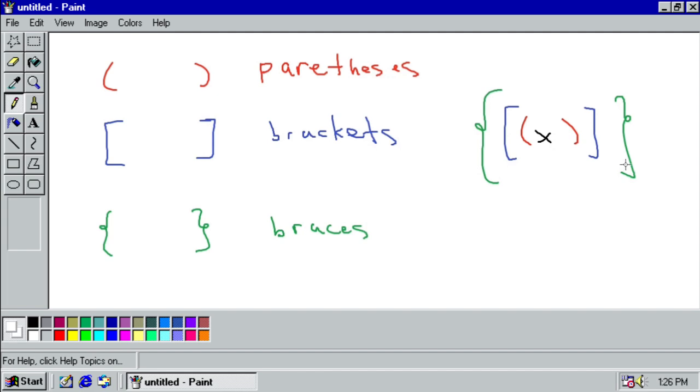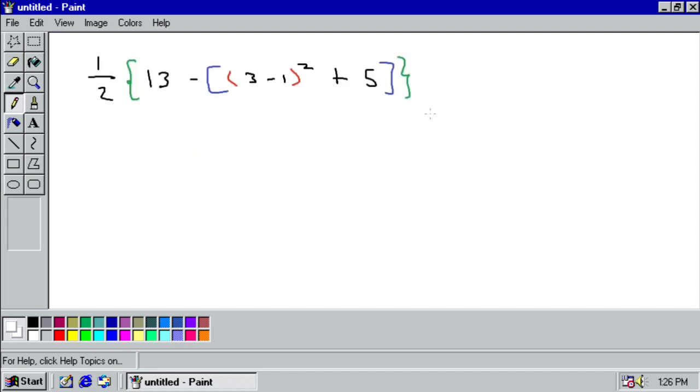let's try some problems. Okay, so we have this kind of equation. So first we need to solve what's inside the parentheses first. So 3 minus 1 is 2, that will be squared, plus 5.